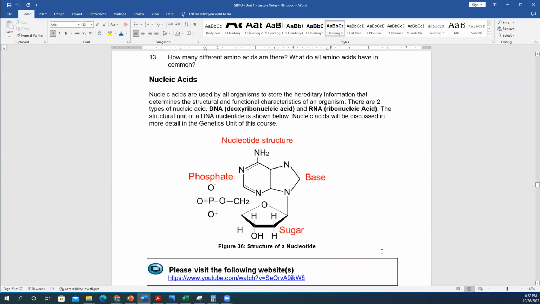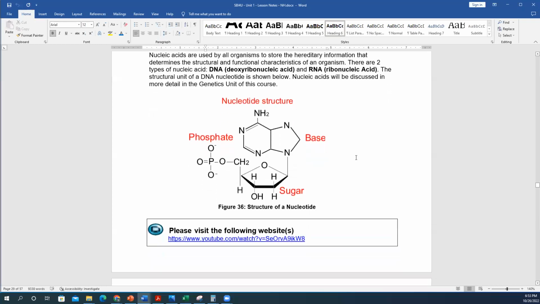Then our discussion carried on in more detail about nucleic acids. We looked at the two types of nucleic acid, deoxyribonucleic acid and ribonucleic acid.